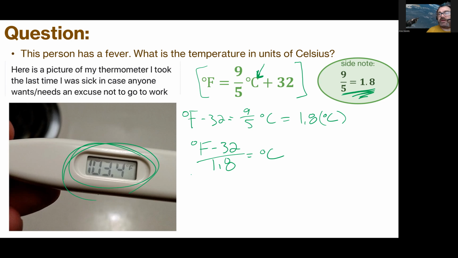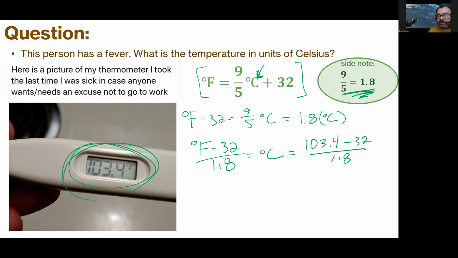Okay, we're given the Fahrenheit, so now we can plug our numbers in here. This is going to be equal to 103.4 minus 32 divided by 1.8. I'm also showing you a lot of work. I want you to be able to show your work as you do this. I'm doing it in my calculator while I talk.